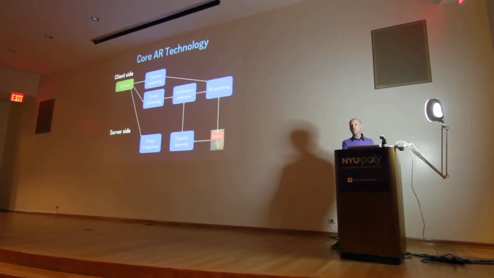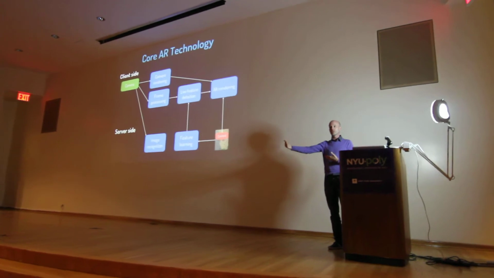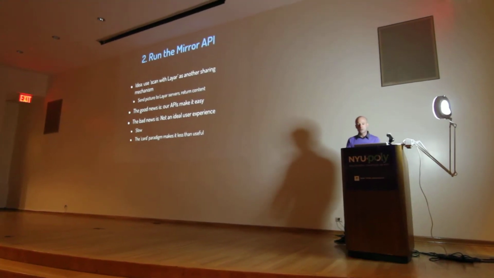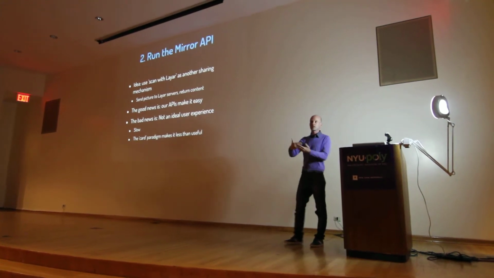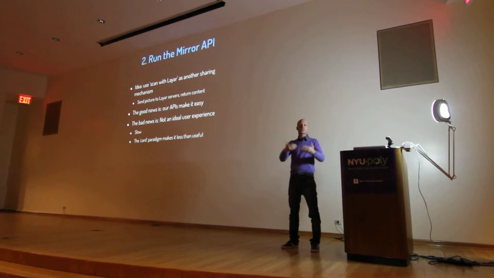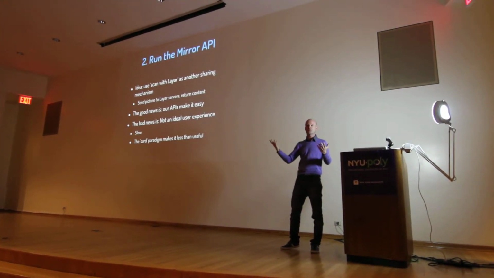So what could we do actually with the content that we have? Well, obviously we're not going to do AR rendering on a glass that doesn't do AR. So what we can do is scan with LAYAR and use the picture that the Google Glass takes, send it to our servers, recognize it, and then display somehow the content on top of it.